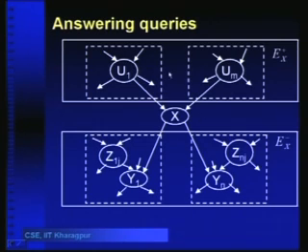Let us say that x has m parents u1 through um, and x has n successors numbered y1 through yn.